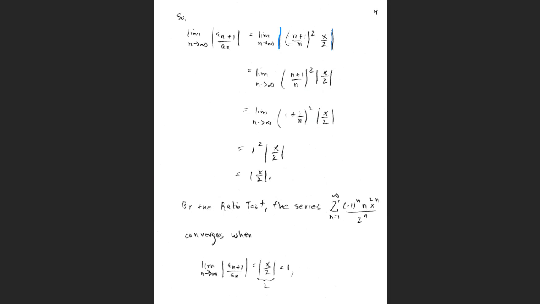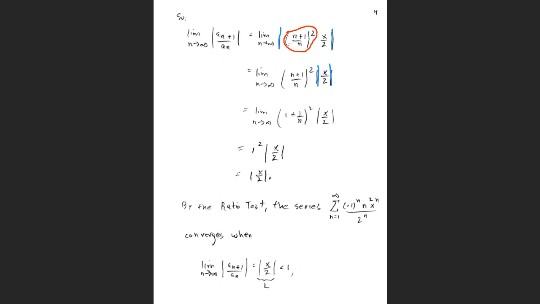Of course, n plus 1 over n squared, this term here, is always positive, so it can be moved out in front of the absolute value. But the absolute value of x minus 2 has to stay inside the absolute values. We cannot bring the x out because x could be positive or negative.